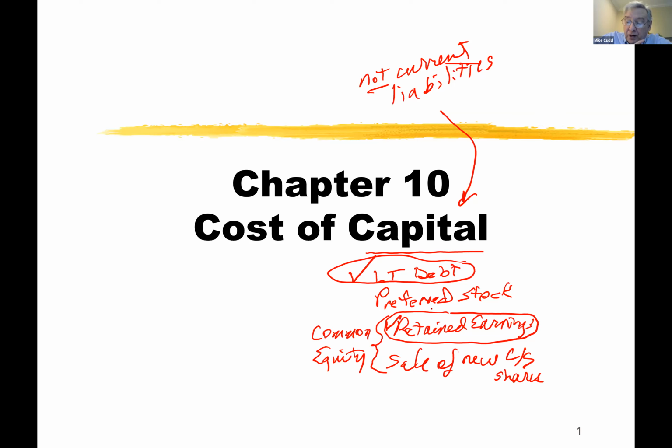Preferred stock is really only used by regulated monopolies like Western Gas, Energy, Con Edison. And companies, for reasons you'll see later, hate to sell new shares of common stock.